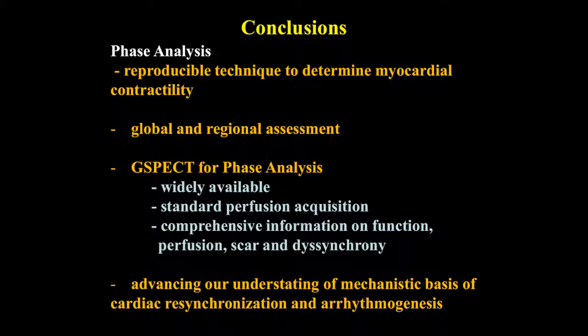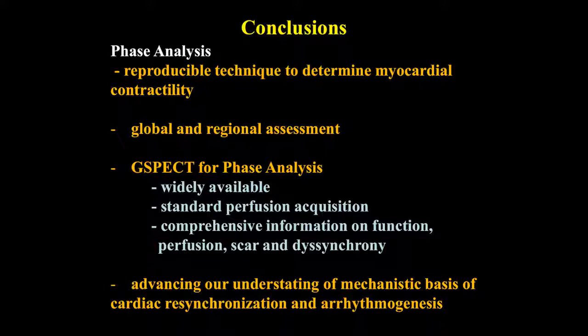So assessment of dysynchrony by phase analysis of radionuclide imaging is a reproducible technique to determine contractility. It provides information on global and regional dysynchrony. The advantage is, of course, it's widely available. It provides information on standard perfusion; you don't have to do a fancy protocol. This is a standard perfusion protocol.